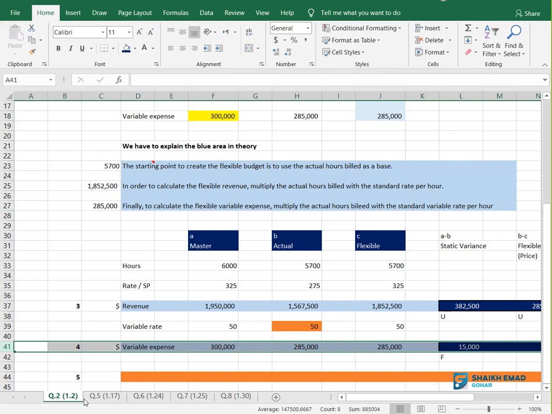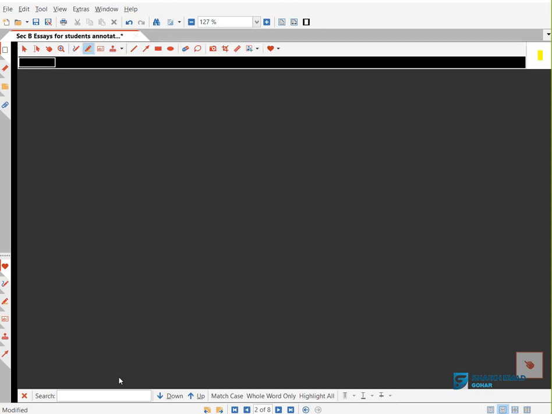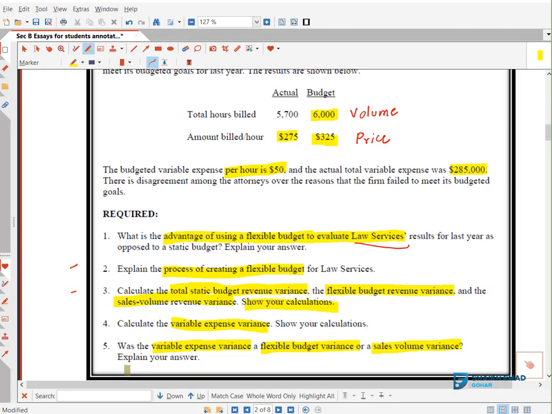Getting it? Now see, very tricky question. Examiner is silent. Examiner is not saying calculate variable static variance or variable flexible variance. He is not saying like that. Remember in question number 3 he was saying like that. I need all 3. But in question number 4, examiner is silent. He is only saying calculate the variable expense variance. So what to do?